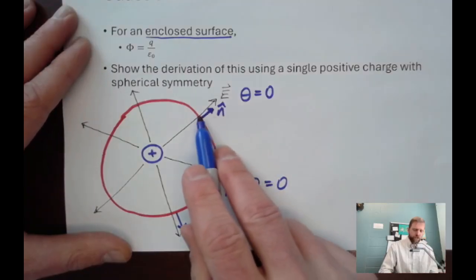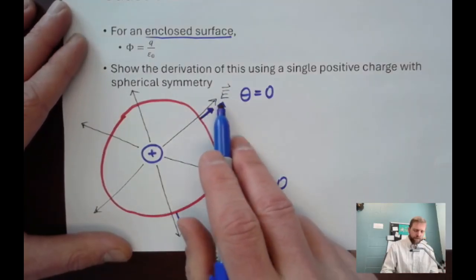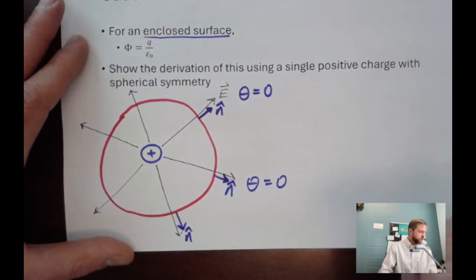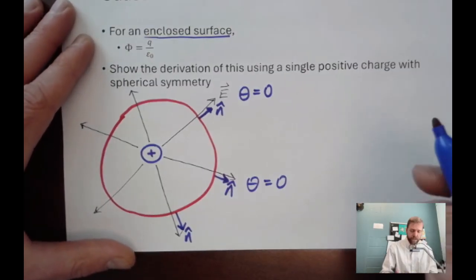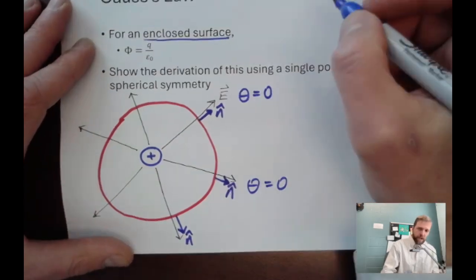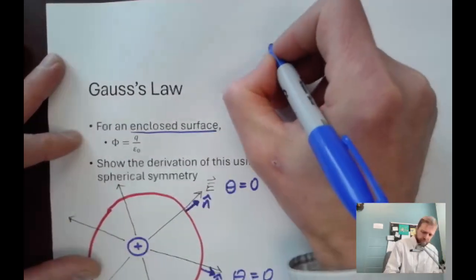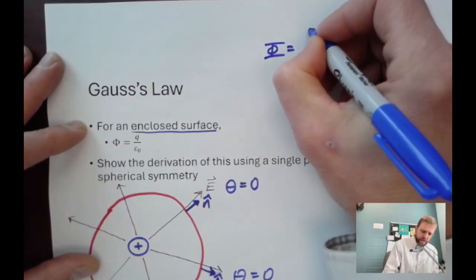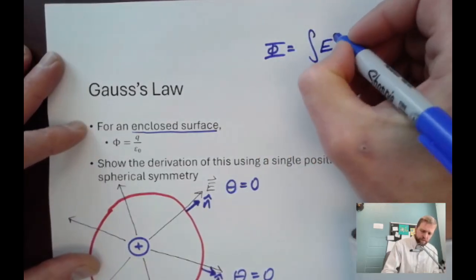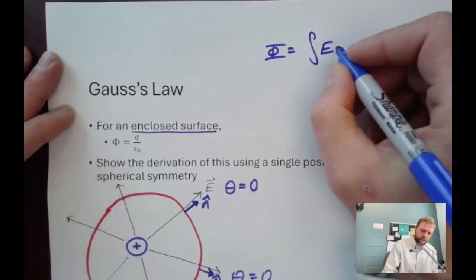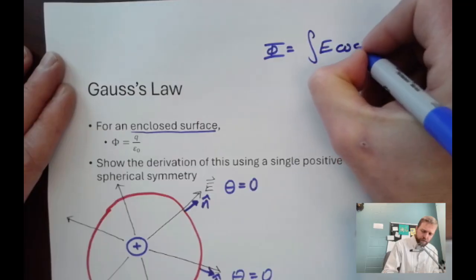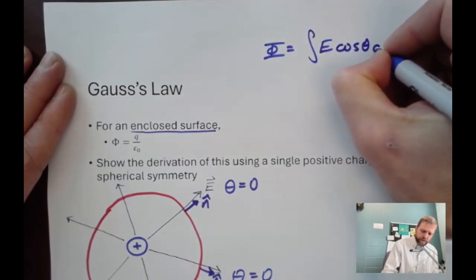Okay, so now that we've gotten those two pieces of information, we can move on to calculating the flux. So let's write that here. The flux is going to be the integral of E, and then instead of putting the dot in here, I'm going to put the cosine of theta and then dA.